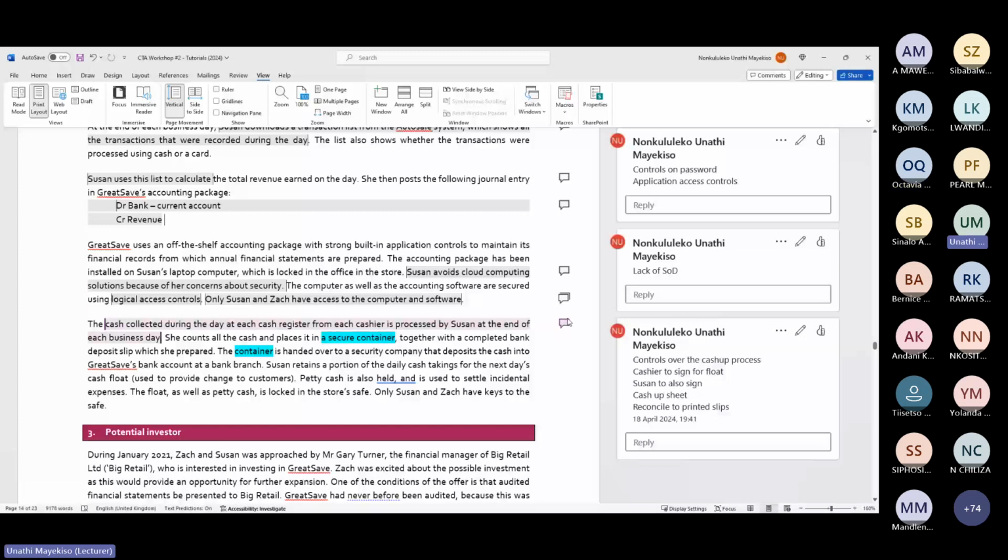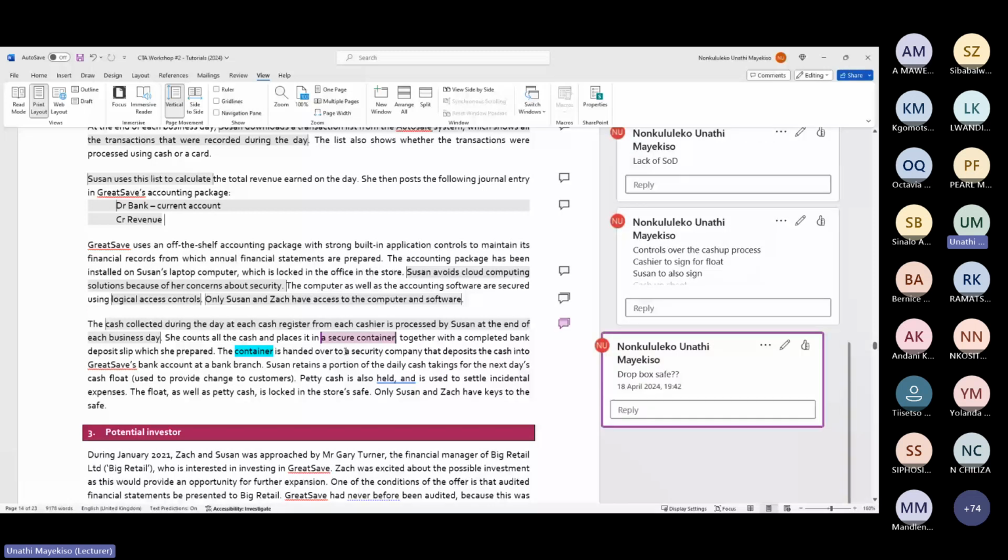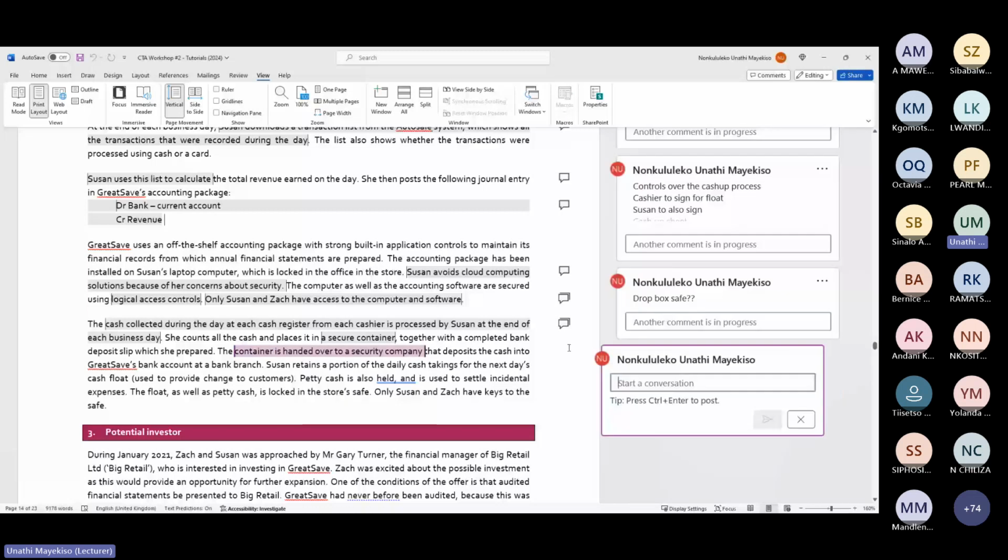Yeah, I think it's called a Dropbox or a Dropbox safe or something like that. And then the security company just takes the container. Doesn't the security guard sign a register to say, I've taken box number this, and it's got this much money in, so that everybody knows that the money was not stolen in between?